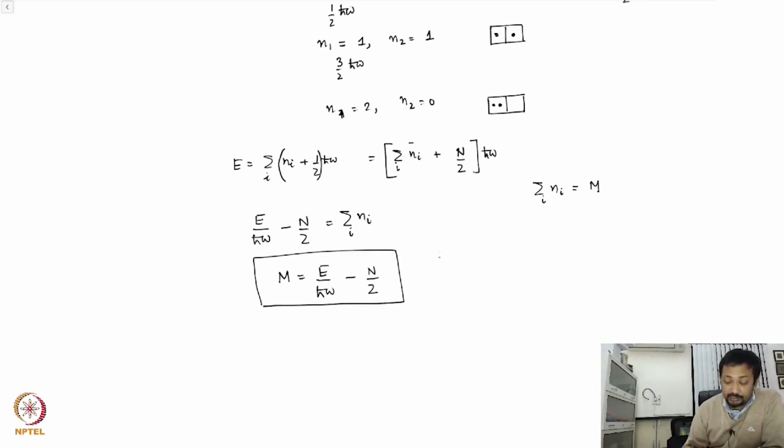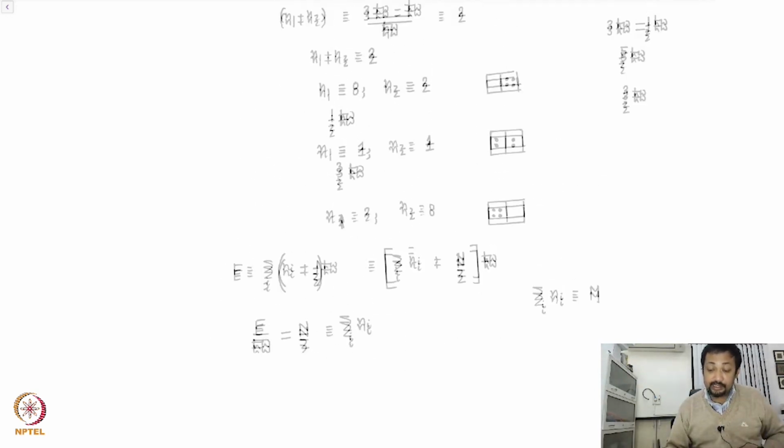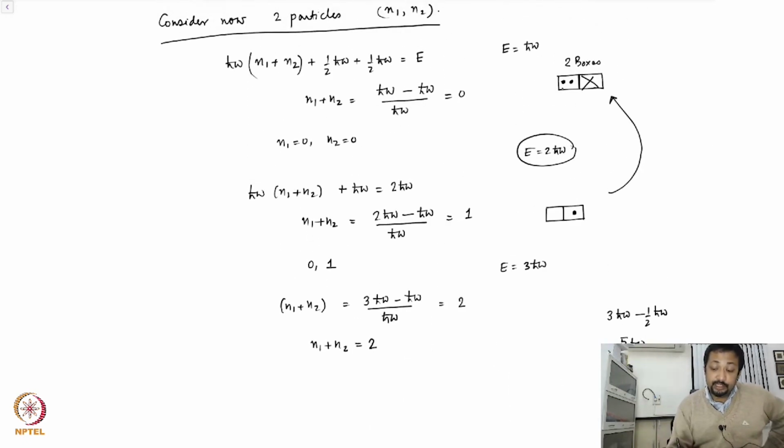Now the idea is with n particles, so the entropy or the total number of microstates omega is going to be a function of E, m and n. The interpretation is, as we have seen in the earlier examples, if you look over here, then 2 boxes means 2 particles.